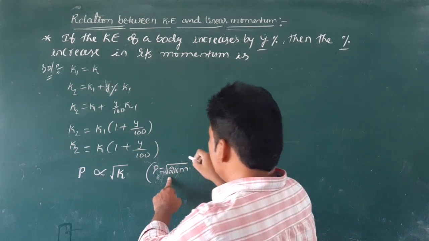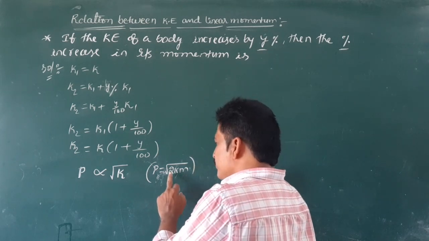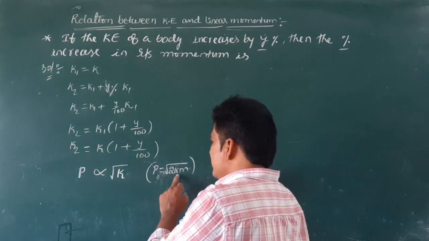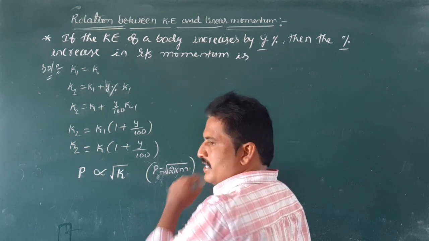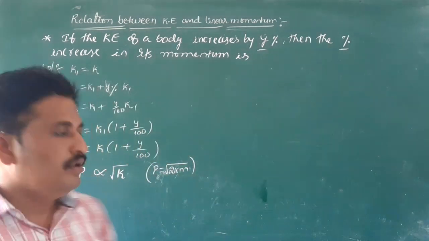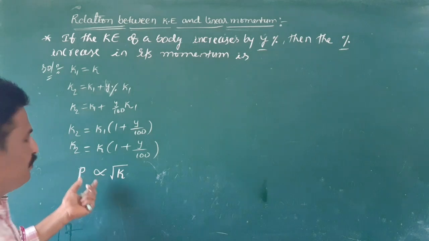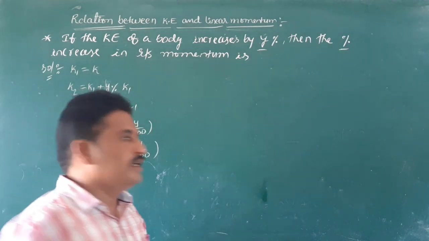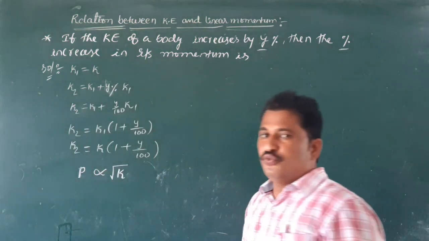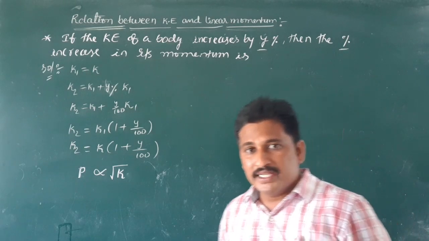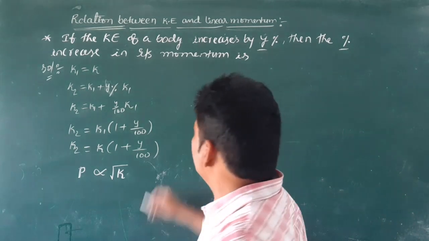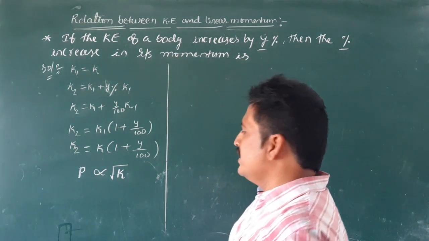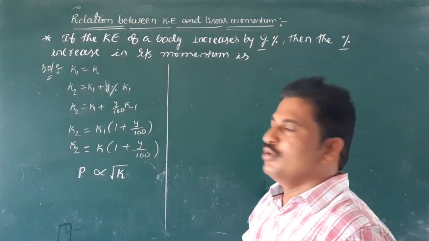Here the square root of 2 and m are constant, so P is directly proportional to the square root of kinetic energy, students. But here we want to find out the percentage increase in its momentum. What is that, students?